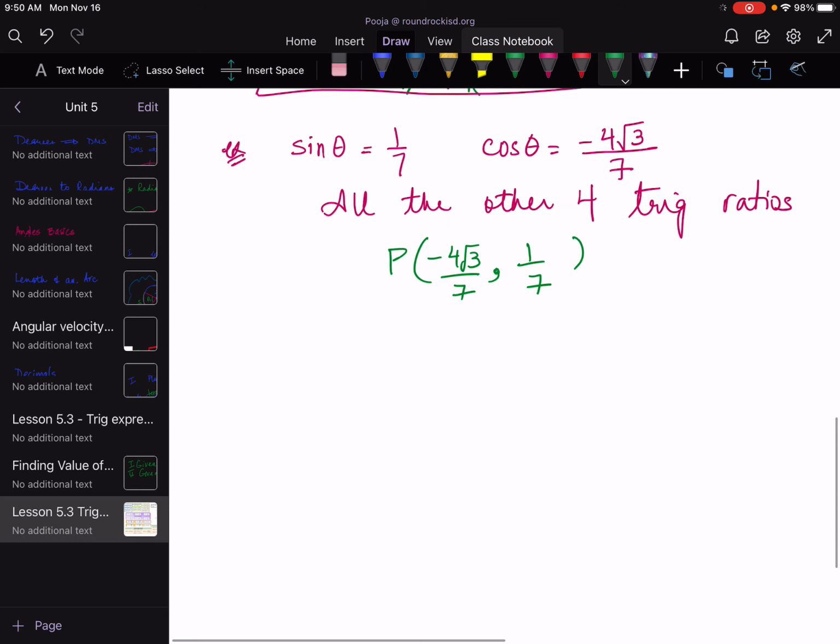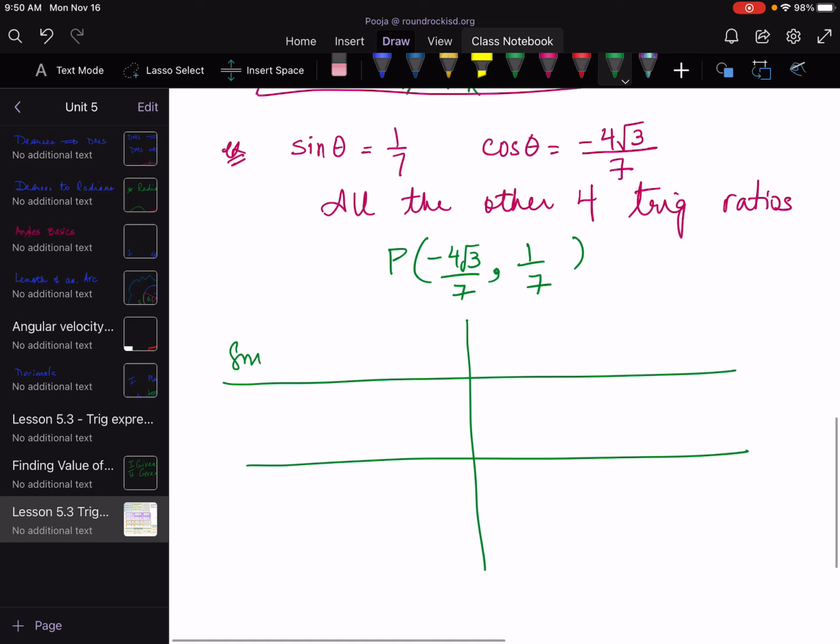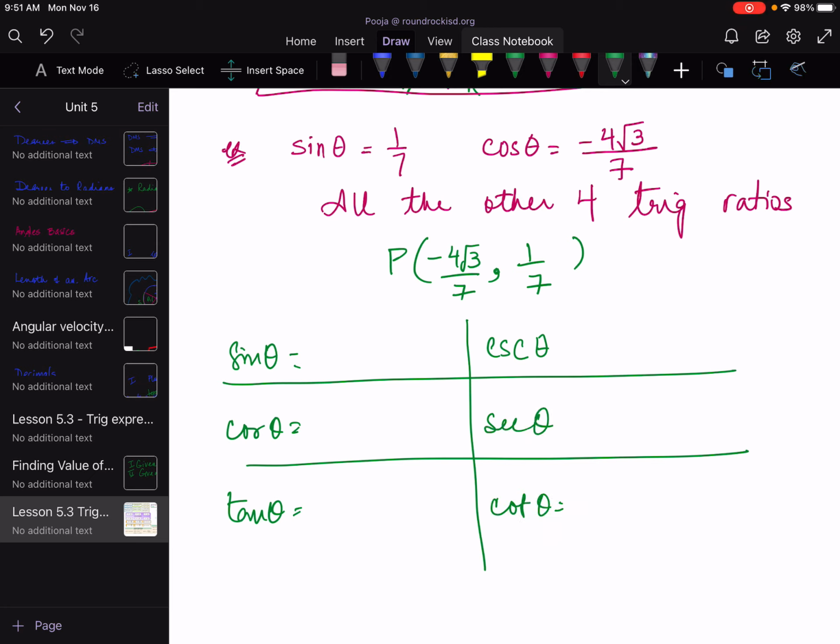Now that I have this put together, I should be able to construct my table in that same order as I said earlier. This is equivalent to y, and hence sine theta is 1/7. This is equivalent to x, hence cosine theta is -4√3/7. This one's going to be interesting.